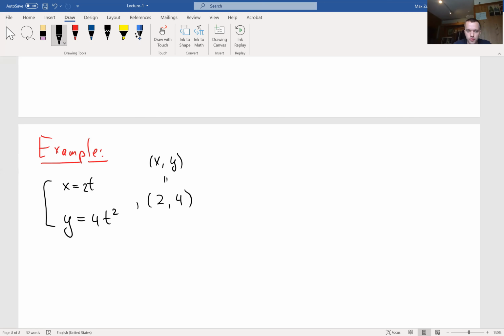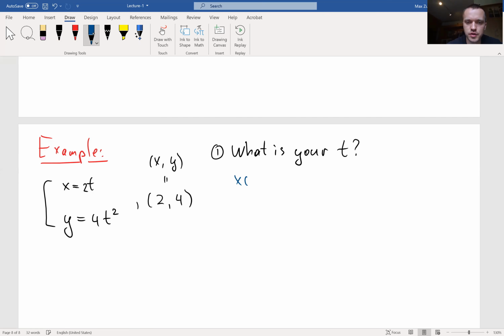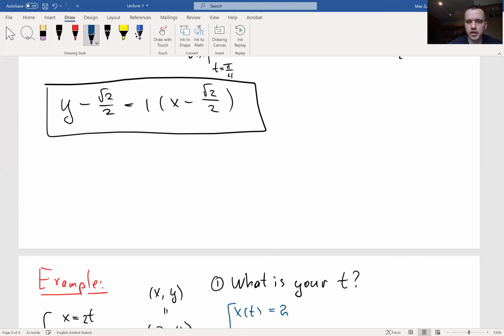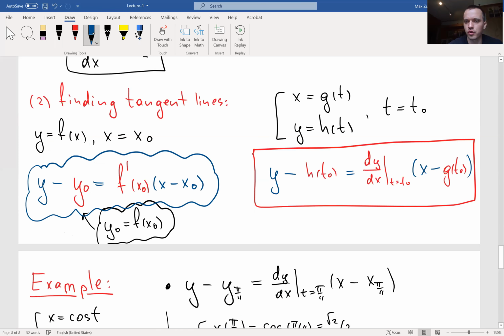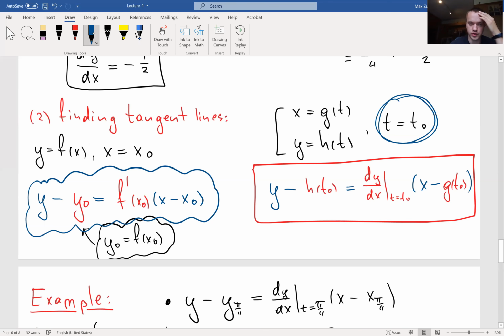The trick is, as a first step, you need to figure out what your t is. I know that x in terms of t for some t is going to be equal to 2, and y in terms of t is going to be equal to 4, because to find the equation of the tangent line, we need to know our value for t.